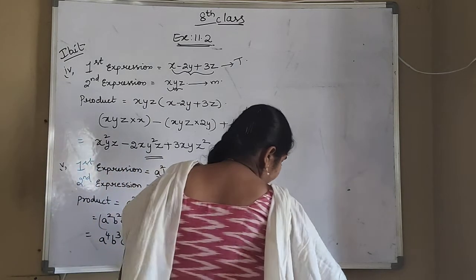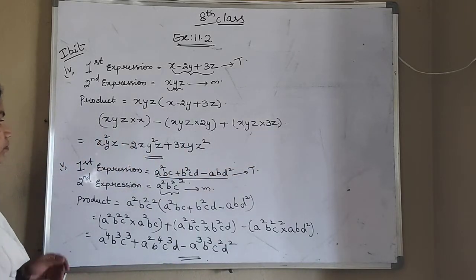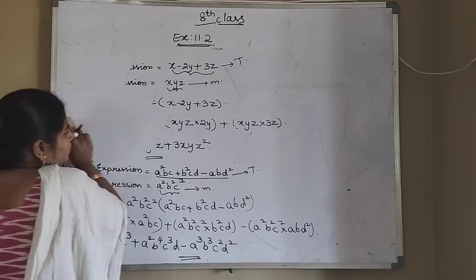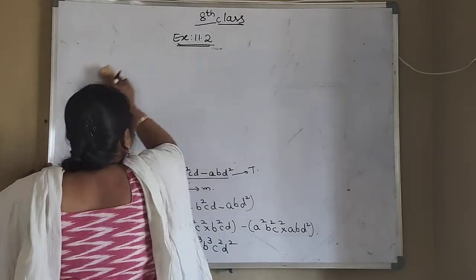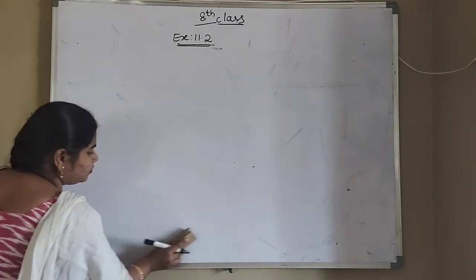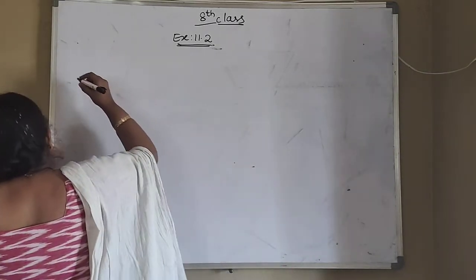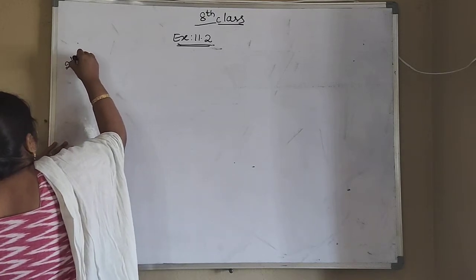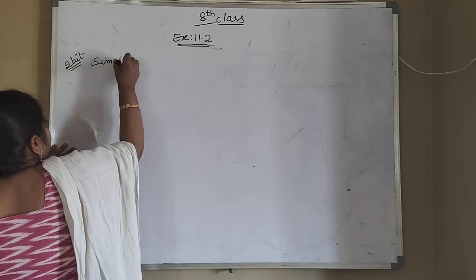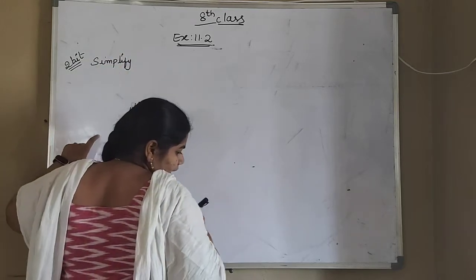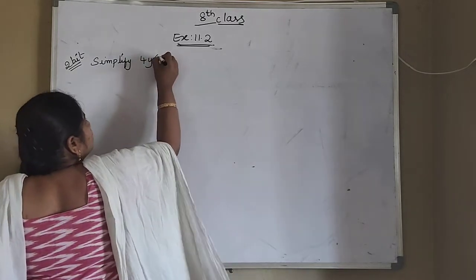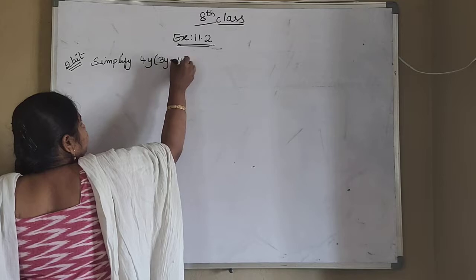Now the second bit, simplify 4y into 3y plus 4.